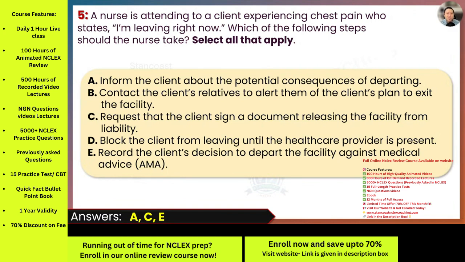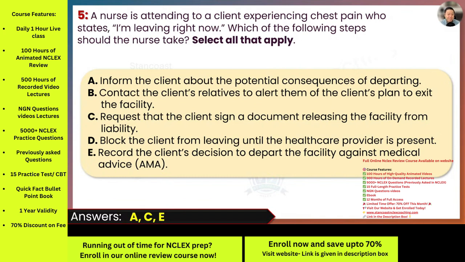And if the patient refuses to sign, document that fact, and you should have a witness also sign that they have witnessed that event. And so you have to keep in mind that the hospital cannot force someone to stay, but it can document that the patient was warned about the risks.